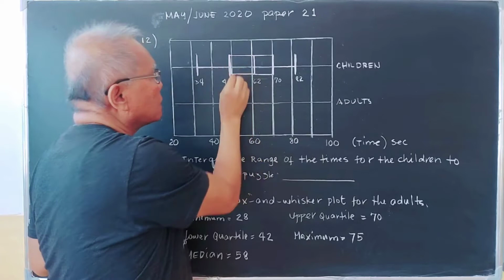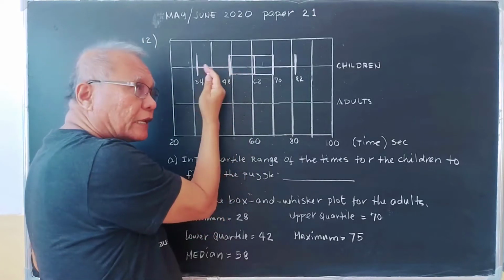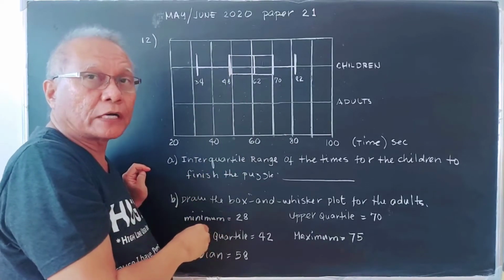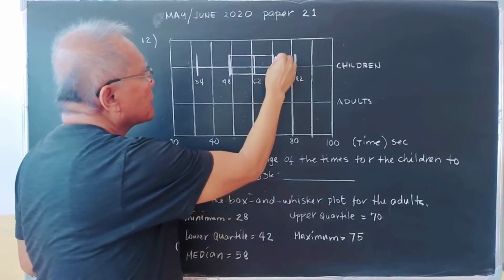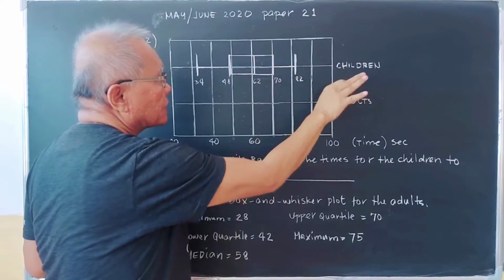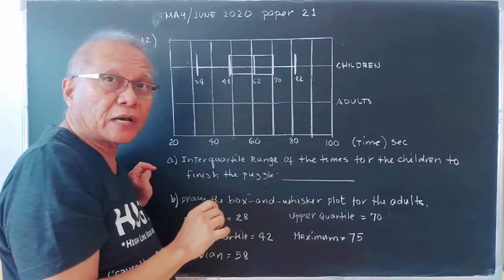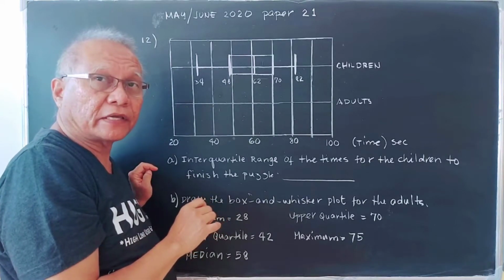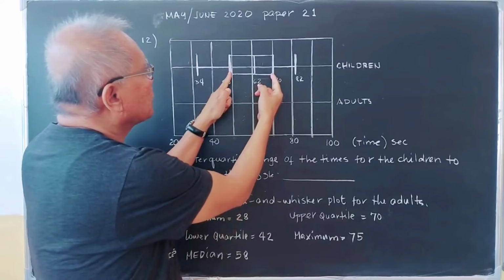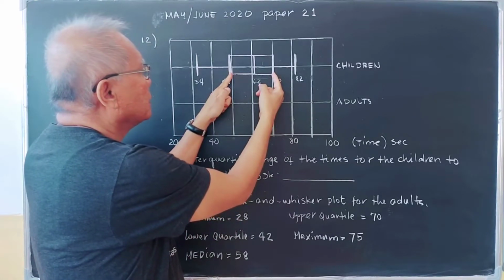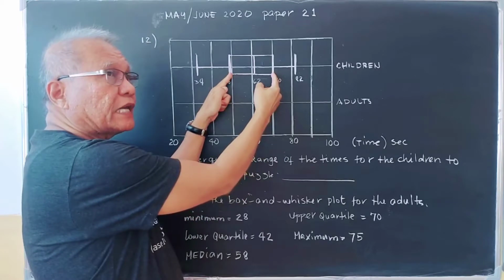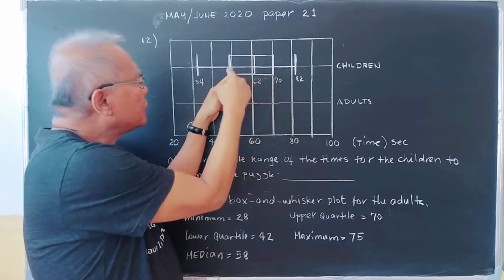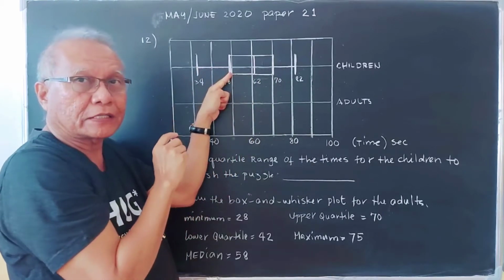This side of the rectangle to the left is the lower quartile, and the side on the right is the upper quartile. The interquartile range is this distance, the upper quartile minus the lower quartile.